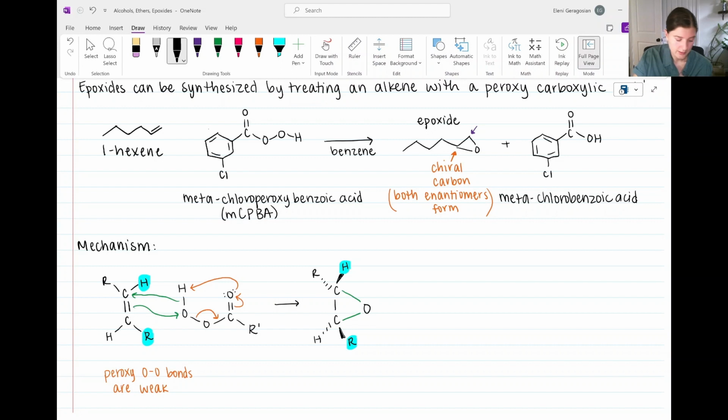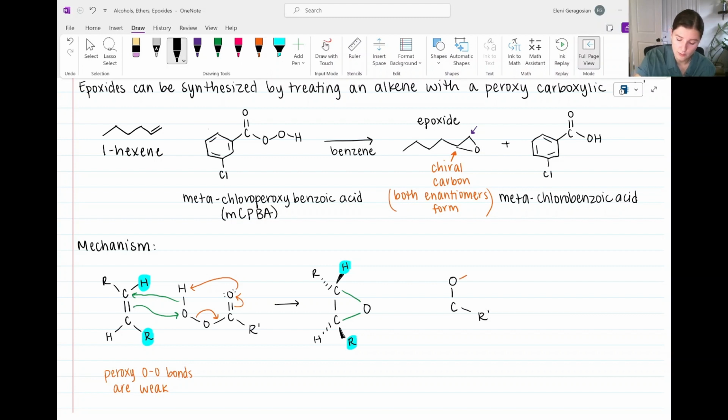Our other product is not the peroxy, but the carboxylic acid. So we now have, let's say we'll start just to orient ourselves, the carbon, and that bond to the R group did not change. The oxygen that was bonded the way we drew it above that carbon, the oxygen is still there, but it now has a bond to a hydrogen.